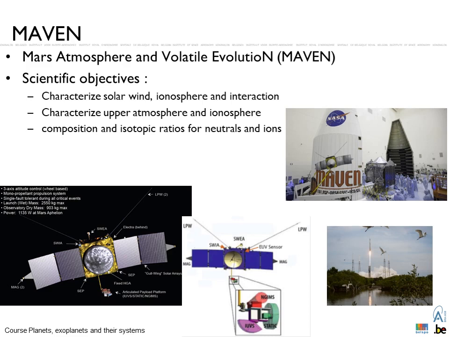So as already described, the European Mars Express mission. Of interest also for the moment is the MAVEN mission, the Mars Atmosphere and Volatile Evolution, whose objectives are to characterize the solar wind, ionosphere and interaction between them, and to better understand the upper atmosphere.